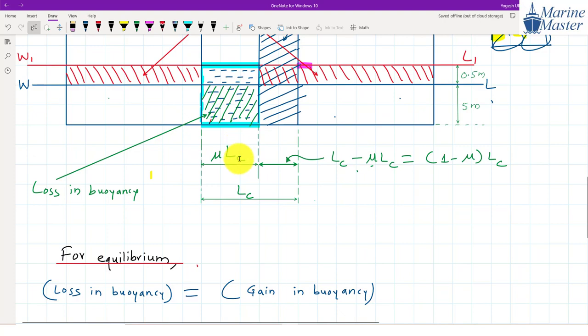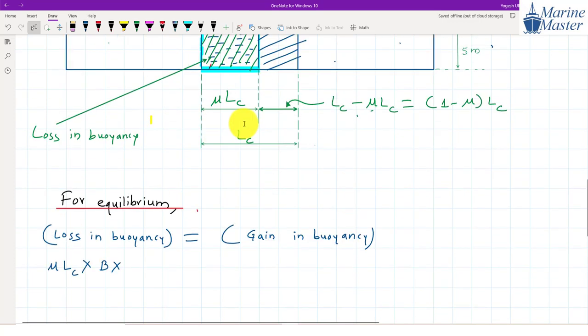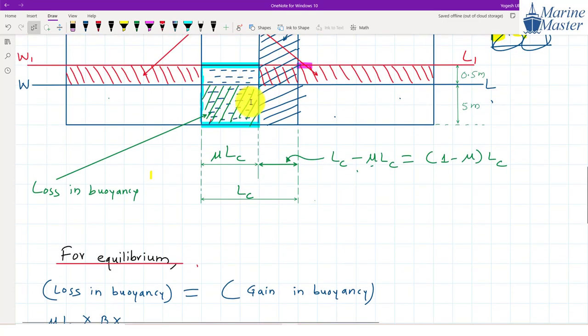Length, mu LC, into breadth, into the initial draft, which is 5 meter, up to this portion.